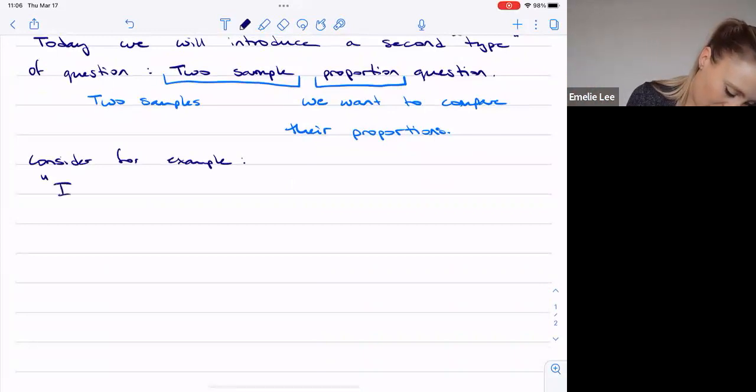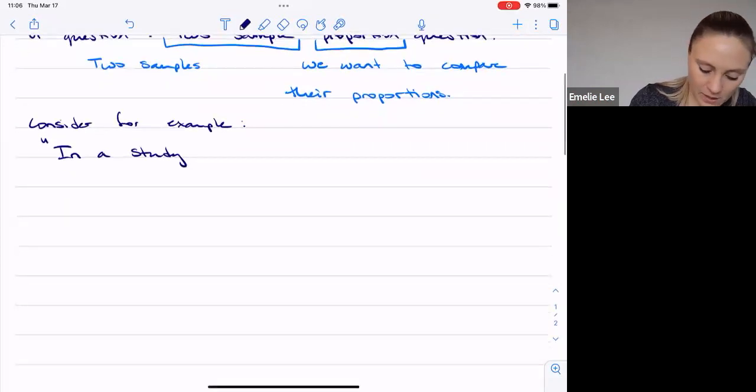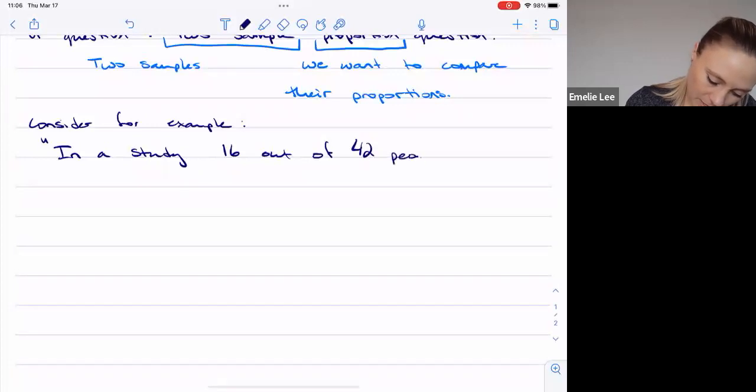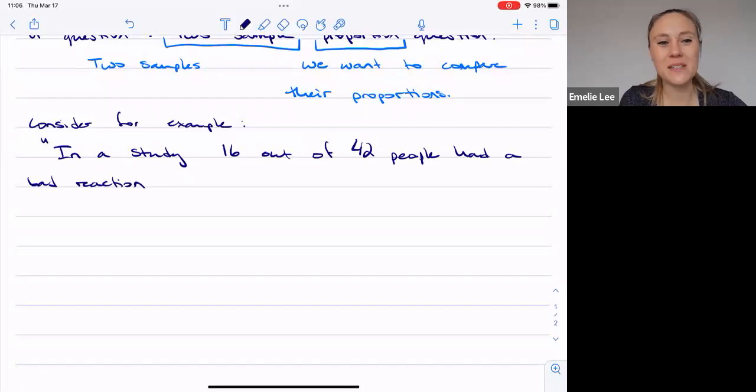Okay, so in a study, 16 out of, I don't know, 42 people had a bad reaction. I'm just kind of skirting around what it means to have a bad reaction, but let's just pretend.